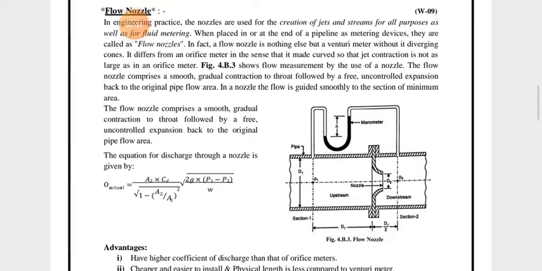It will act as a nozzle, and the velocity of the flow of fluid will increase.